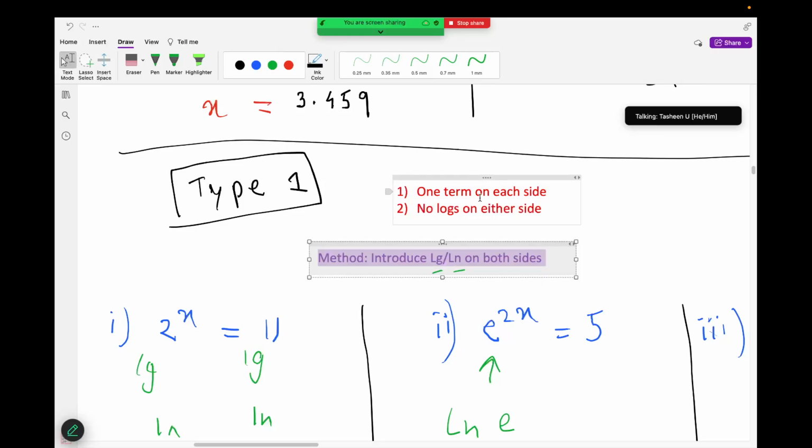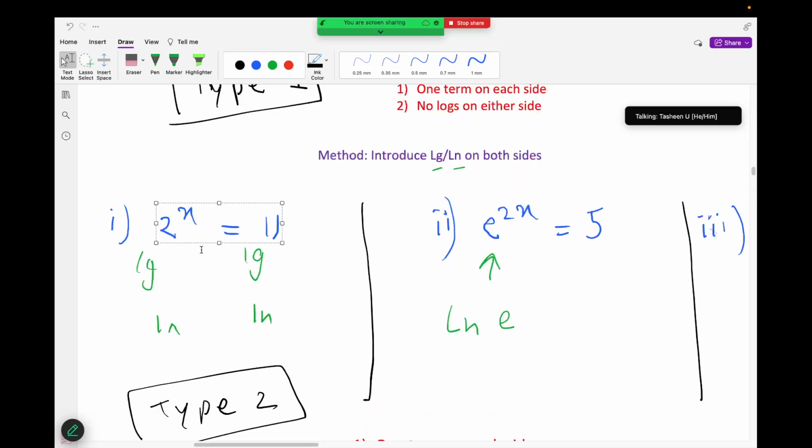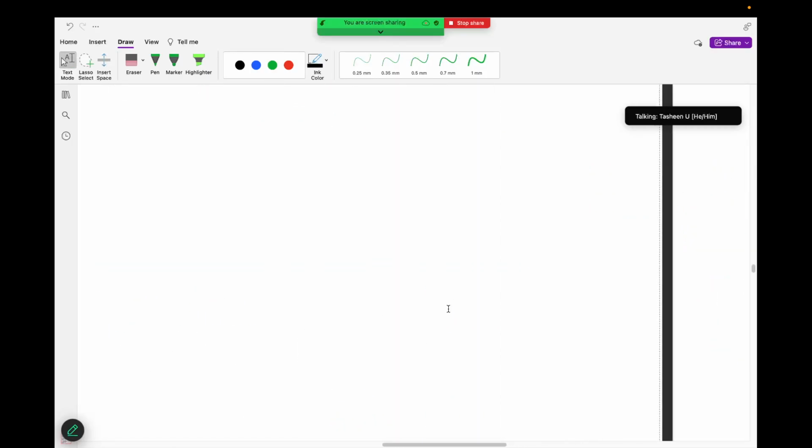If you have one term on either side and no logs on either side, we introduce log or ln on both sides and solve. For here, you would want ln because that is e.